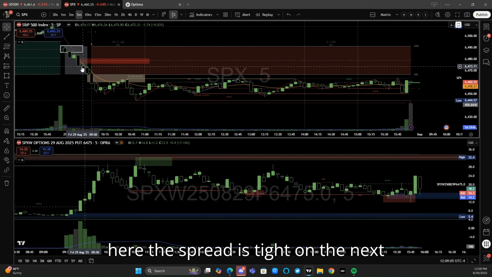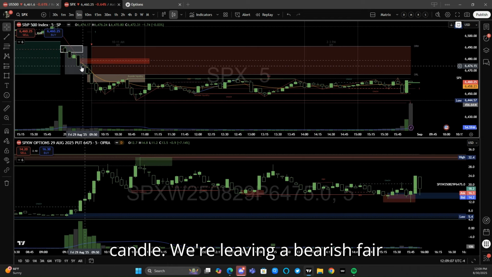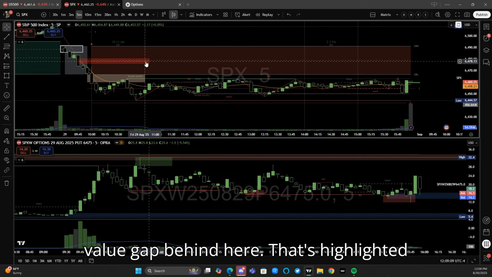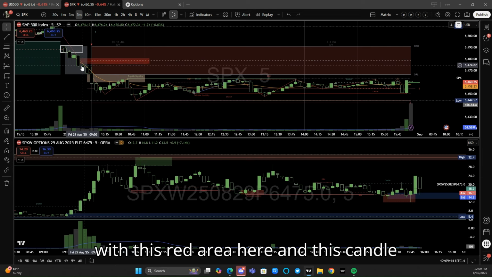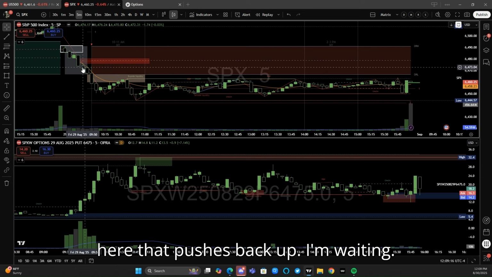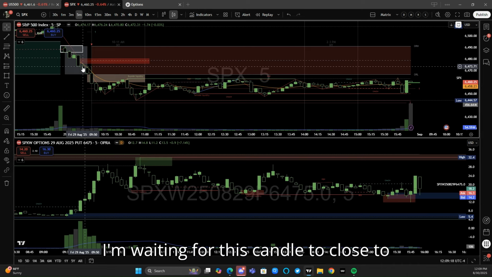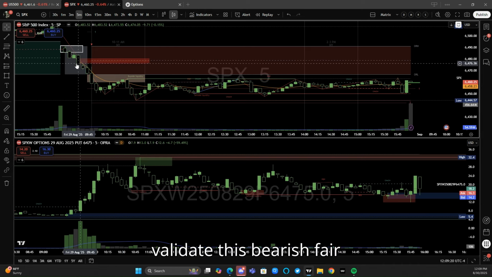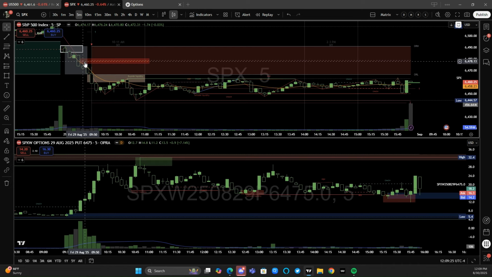You can see here the spread is tight on the next candle. We're leaving a bearish fair value gap behind here, highlighted with this red area. And this candle here that pushes back up, I'm waiting for this candle to close to validate this bearish fair value gap on the 5 minute.